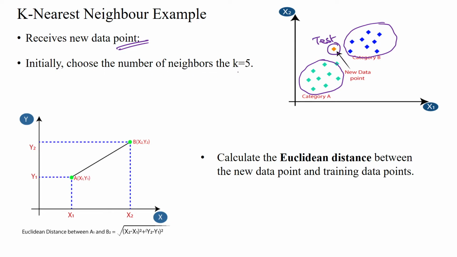Initially we choose k equal to 5 as the nearest neighbors, and we calculate the Euclidean distance between the new test data point and all the training data points. When you calculate like this, you get all the distance metrics.